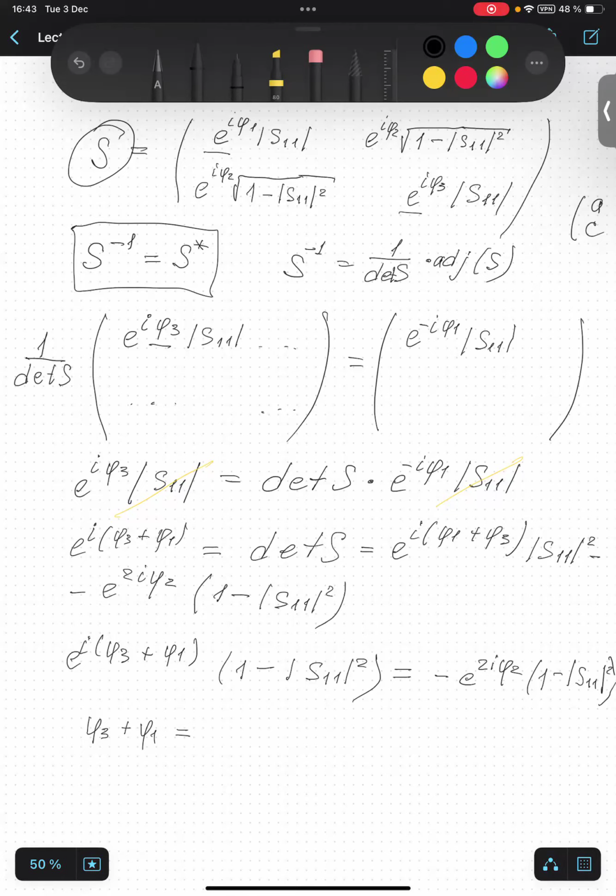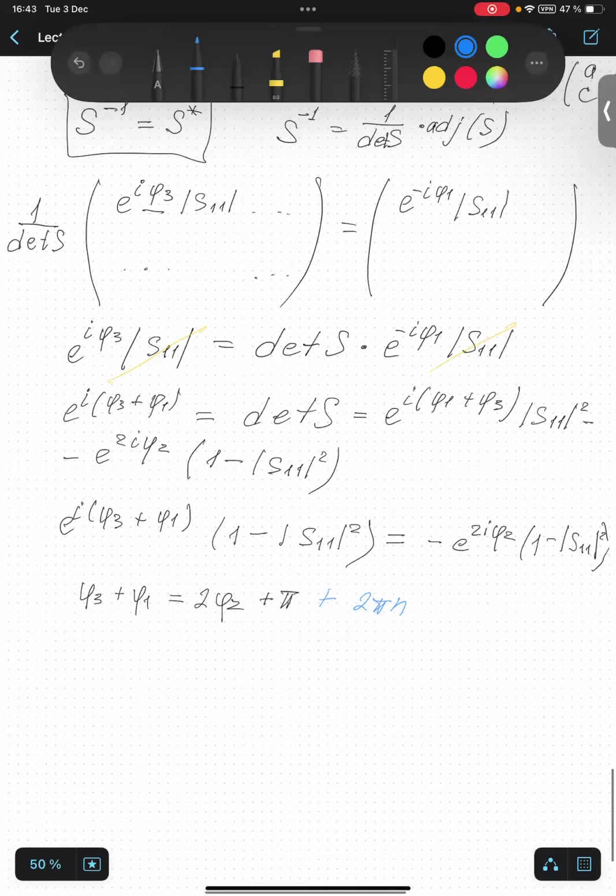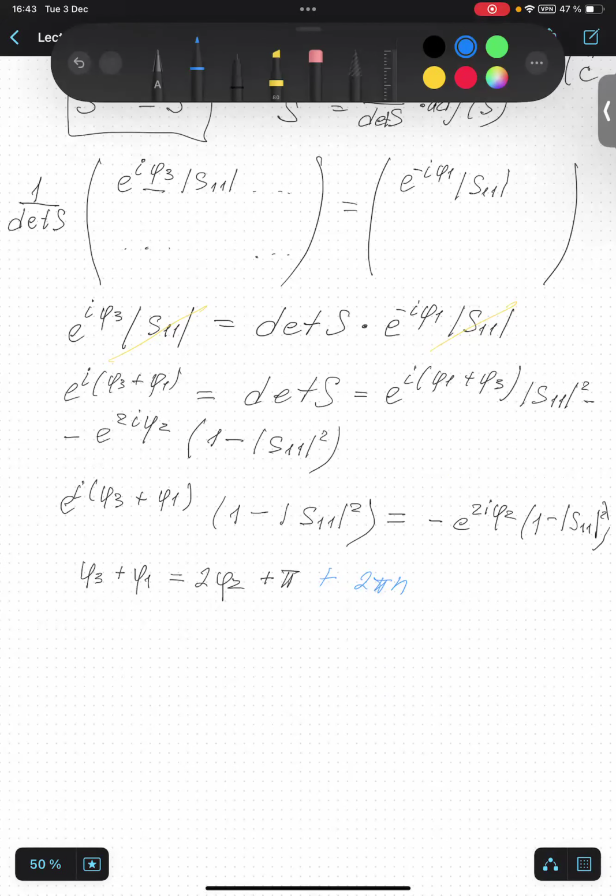But in general, actually, we also should write here 2 pi n. But for simplicity, let's just say that n is equal to 0 and just 2 phi2 plus pi. So we found the relation of phases. We are left with only 3 independent parameters now.